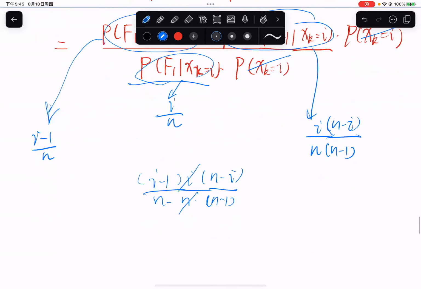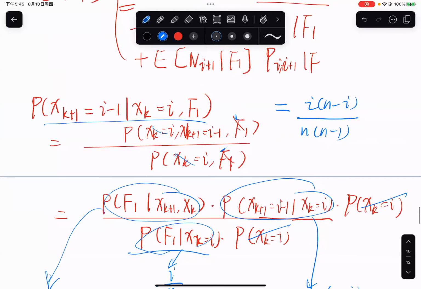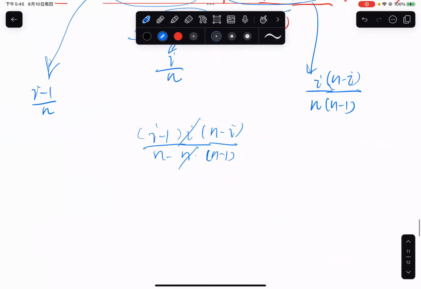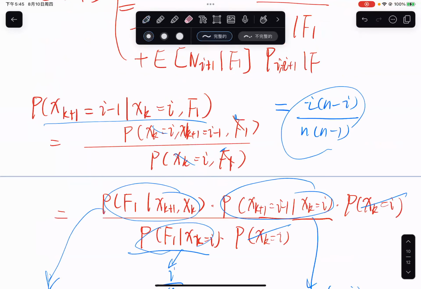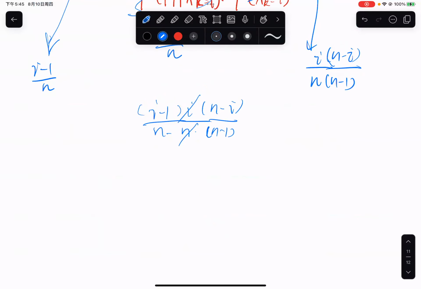So this i cancels out, this n cancels out. So we have this left. Okay. Oh, sorry. This should be i minus 1.